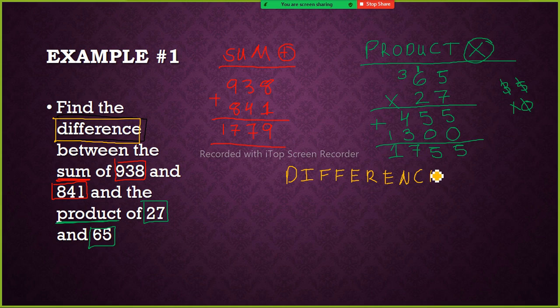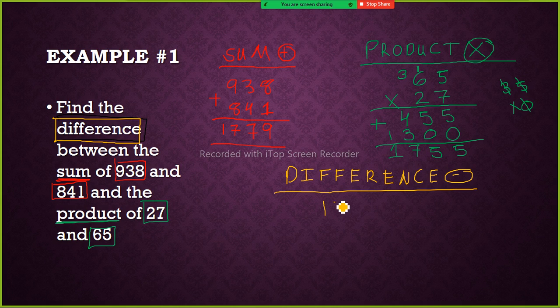All right, so that's subtraction. We're going to subtract 1,779 and 1,755. So let's do that.